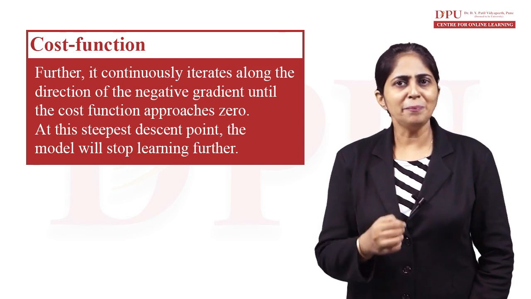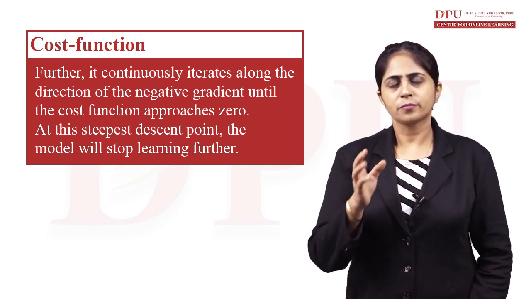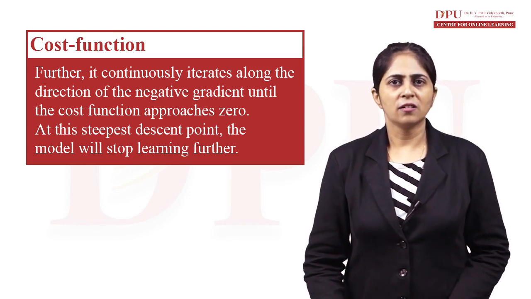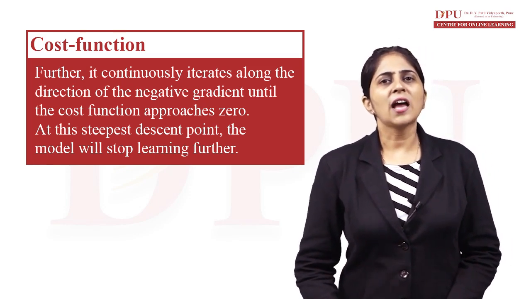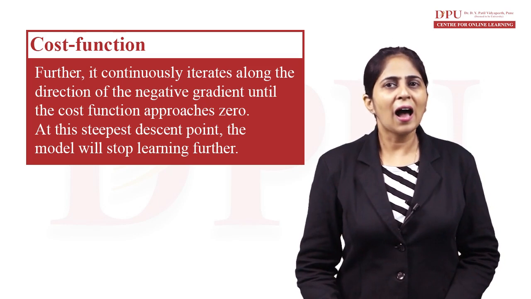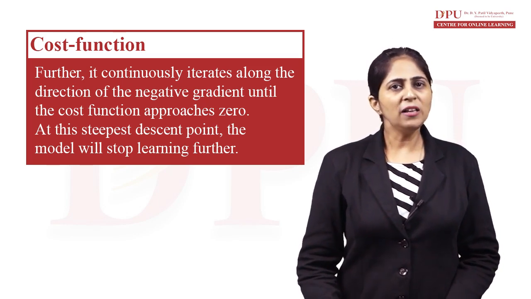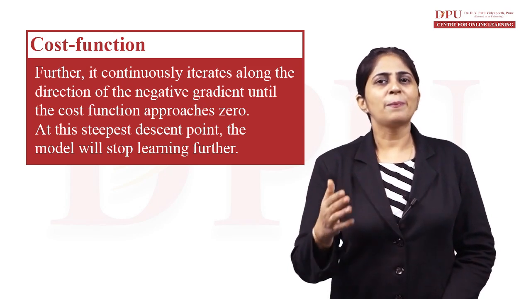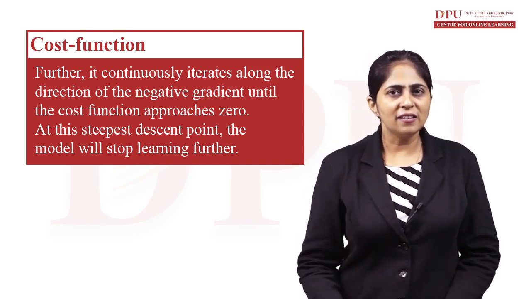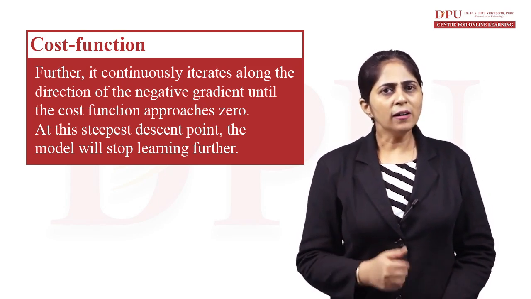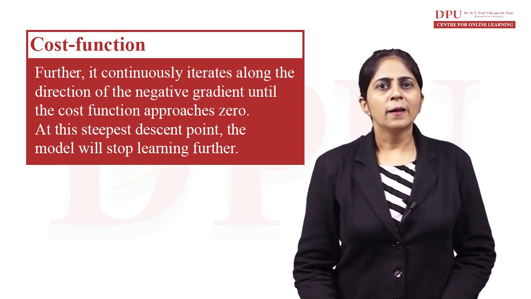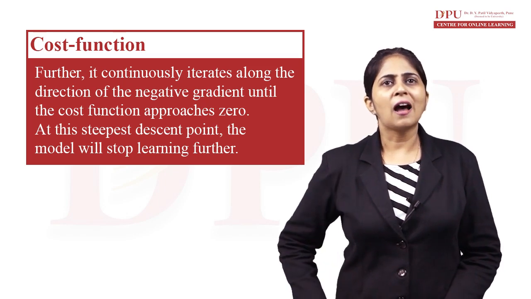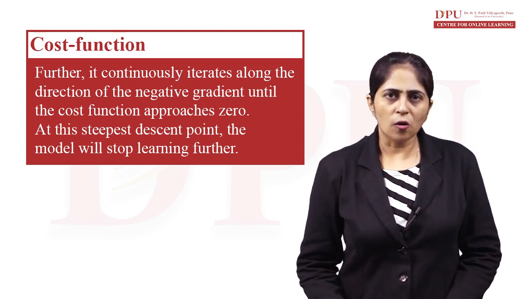At this steepest descent point, our system will stop learning further. The cost function is calculated after making a hypothesis between the initial parameter and modifying the parameters using the gradient descent algorithm over known data to reduce our cost function. So that is how we are working on this cost function.